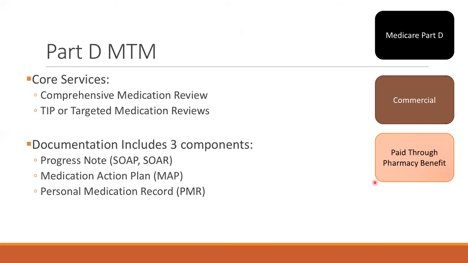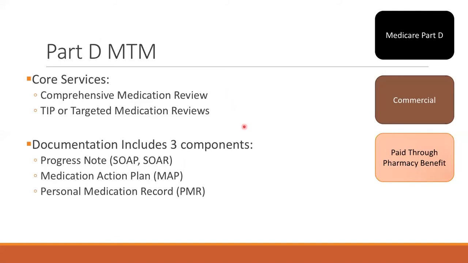Now, the core services of Part D MTM differ widely from the true definition of MTM described by AMA. They involve a comprehensive medication review, or CMR, or targeted medication reviews, or TIPs, where you're identifying certain drug therapy problems, like just adherence, or is this patient not on a statin, or doing the full gamut in a comprehensive medication review. Those terms don't exist in the medical definition of MTM.